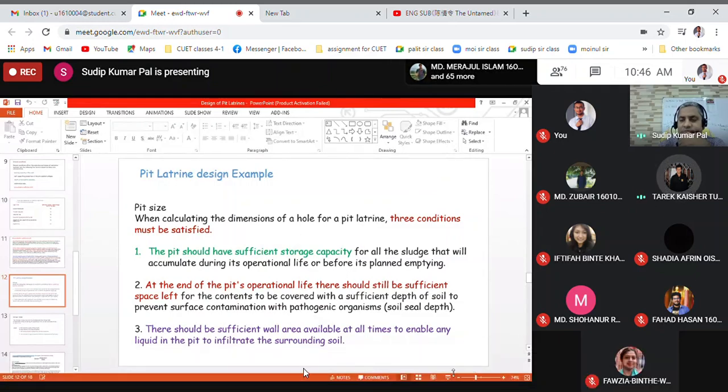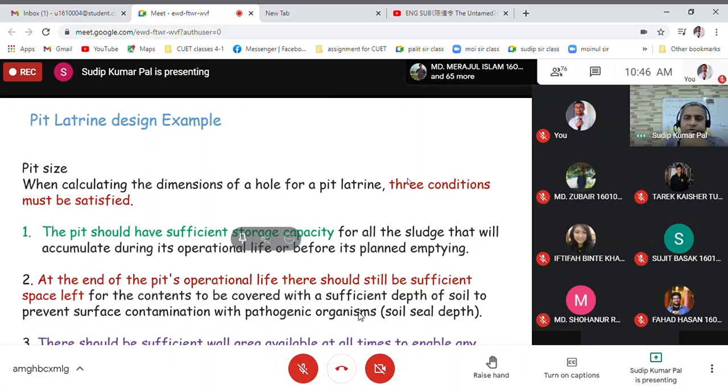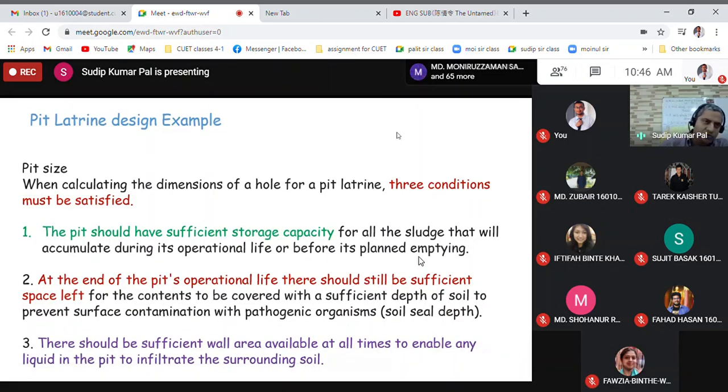Yes, sir. Okay, so as you can see here, now we move into the design example. As I said, we normally discuss the substructure, which is the pit, and how we do the sizing of the pit. Basically, when calculating the dimensions of a hole or pit latrine, three conditions must be satisfied.